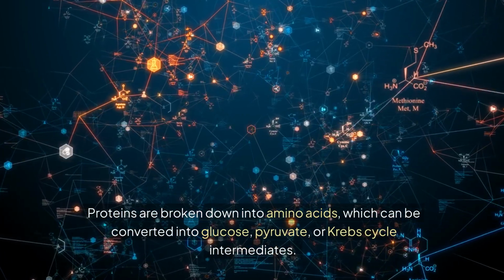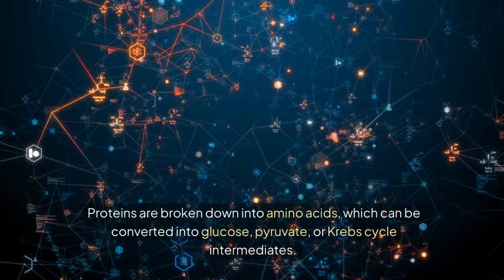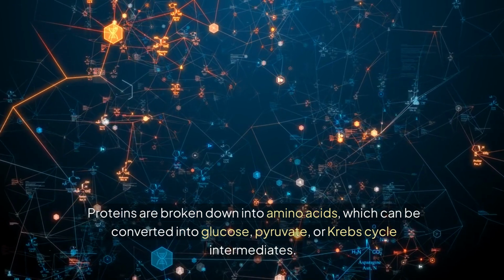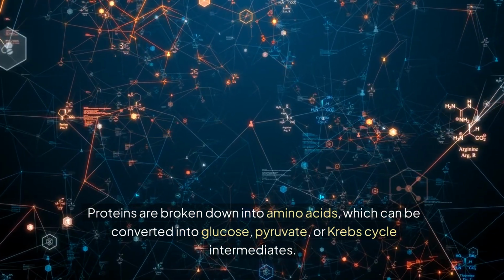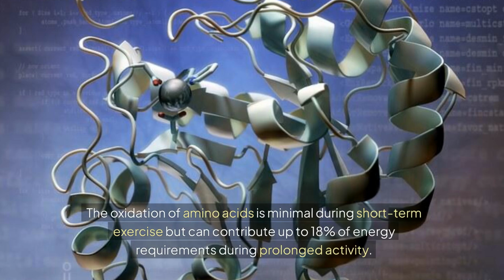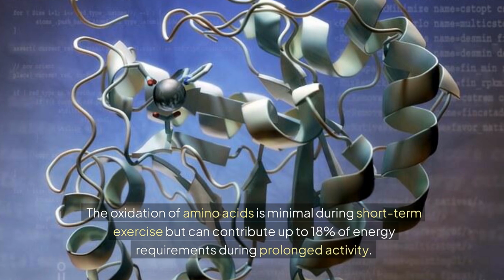Proteins are broken down into amino acids, which can be converted into glucose, pyruvate, or Krebs cycle intermediates. The oxidation of amino acids is minimal during short-term exercise, but can contribute up to 18% of energy requirements during prolonged activity.